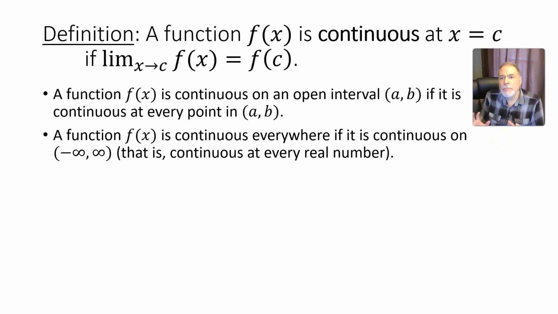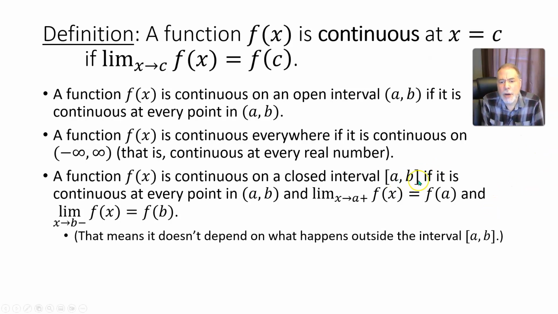And then it gets a little bit trickier to say what you mean by being continuous on a closed interval. A closed interval, written with square brackets, does include its endpoints. So the closed interval from 1 to 2 would include the numbers 1 and 2 as well as everything in between. What's tricky about that is we don't want continuity on a closed interval to depend on what happens outside that interval.